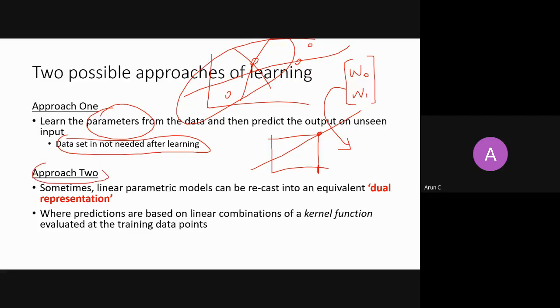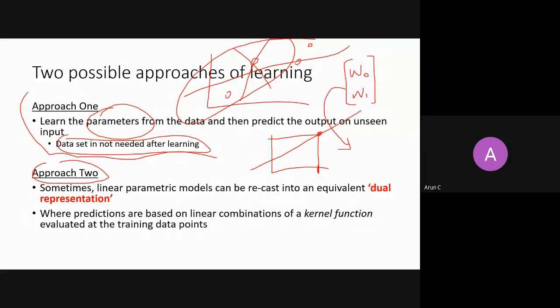Approach two. So far what I was discussing in detail is approach one, right? In approach two, sometimes linear parameters can be recast into a dual representation where the predictions are based on a linear combination of a kernel function evaluated at the training data points. In short, rather than throwing away your data set, you keep your data set with you, and then you do your predictions with the help of the data set itself.